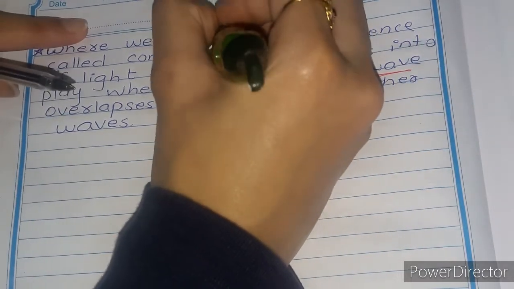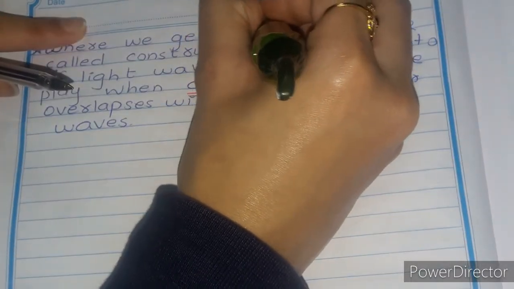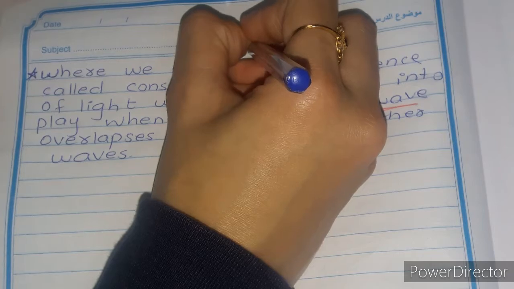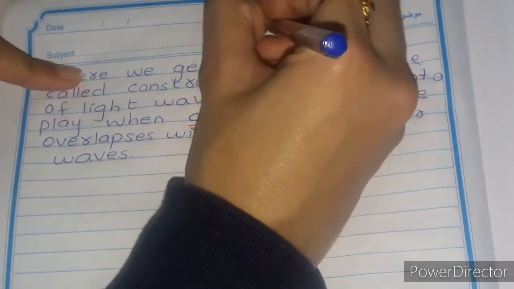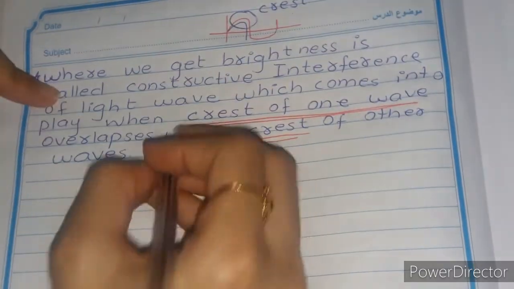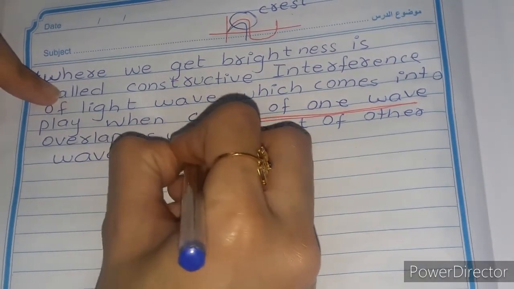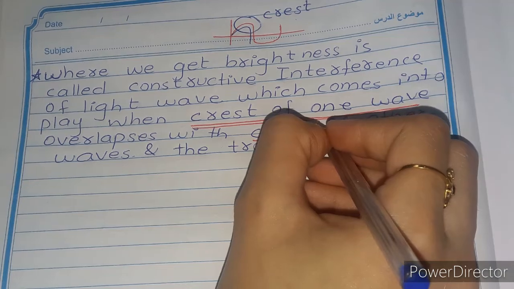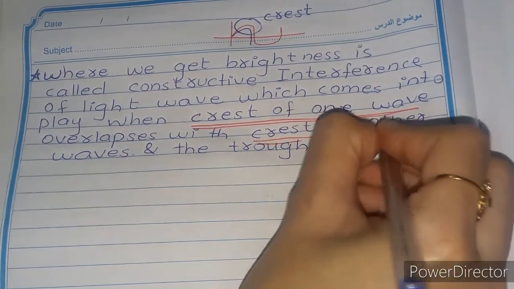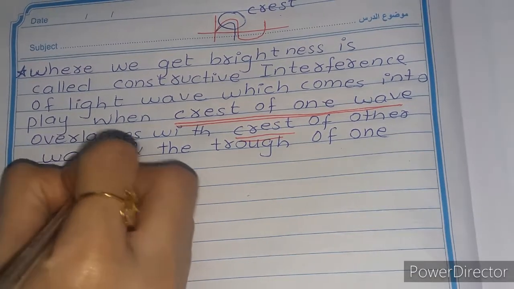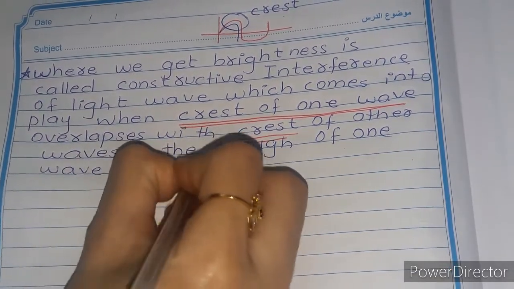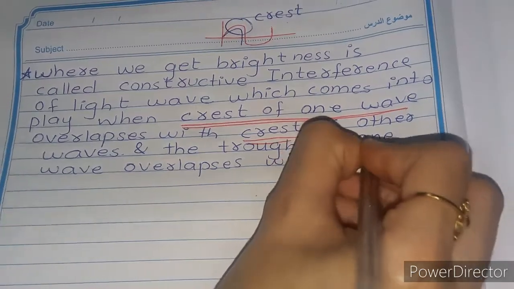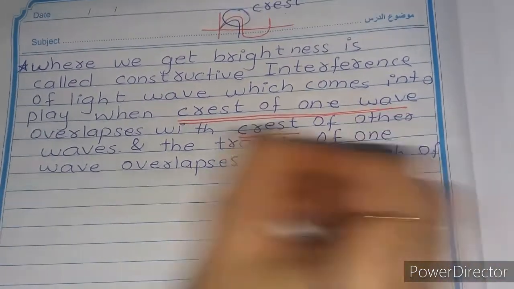Like crest overlaps with crest. See here, this is a wave: crest overlaps with crest, and the trough of one wave overlaps with the trough of the other wave.